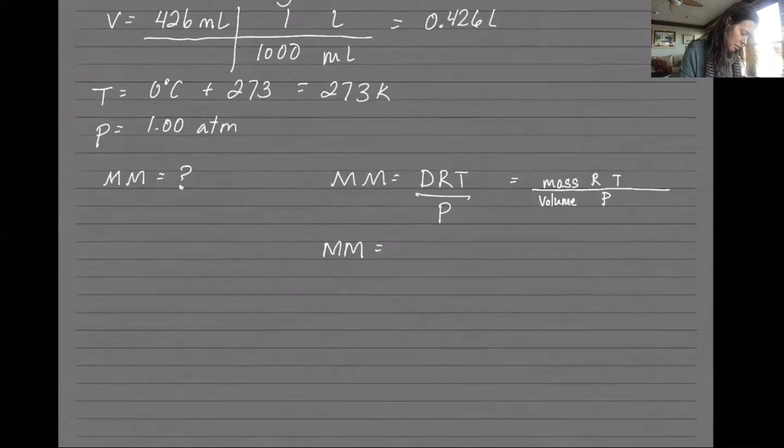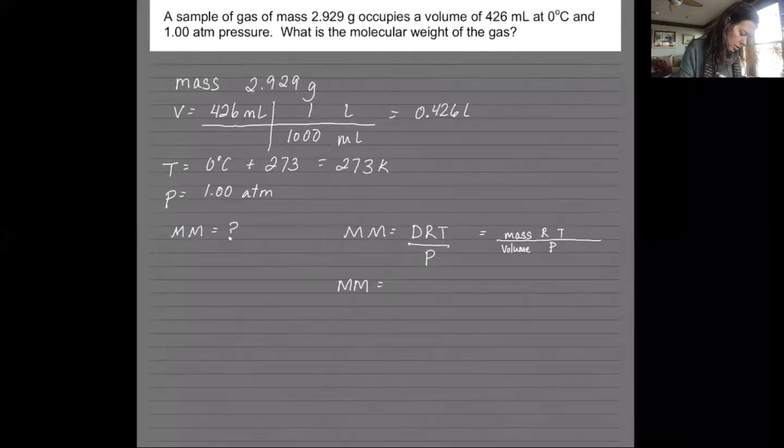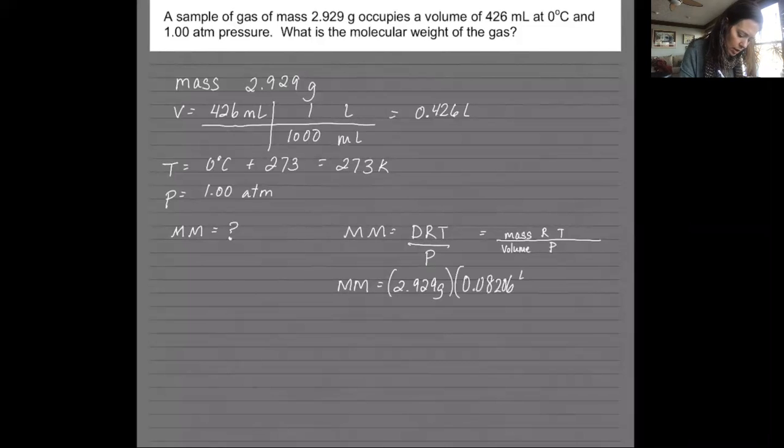So I'm going to plug my mass in at top. That's the 2.929 grams. I'm going to plug in my R value. Our pressure is in atmospheres, so R is 0.08206 liters atmospheres per mole kelvin. All right. Plug in your temperature in kelvins.